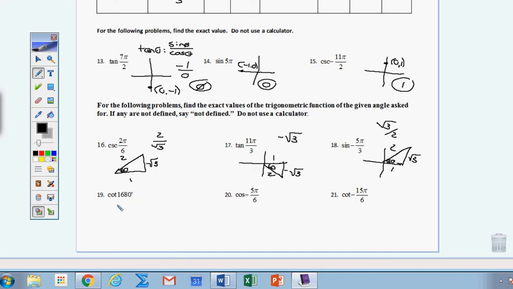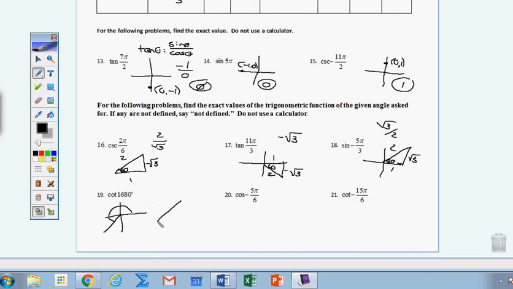Cotangent of 1680 degrees. Well, if you just subtract 360 each time, right, if you go 360 around and end up back here, you're actually left with a 280-degree angle, sorry, 280-degree angle.